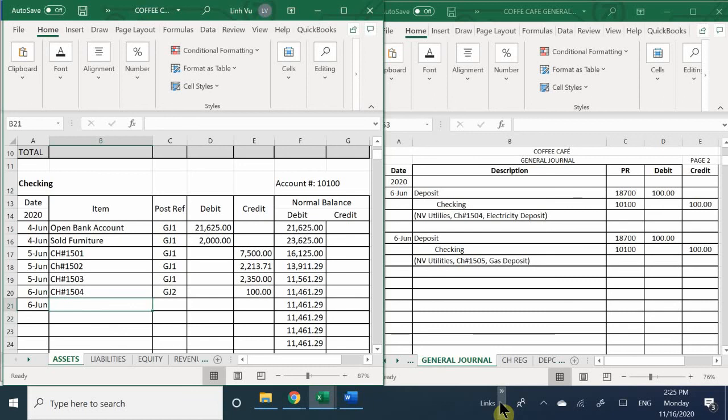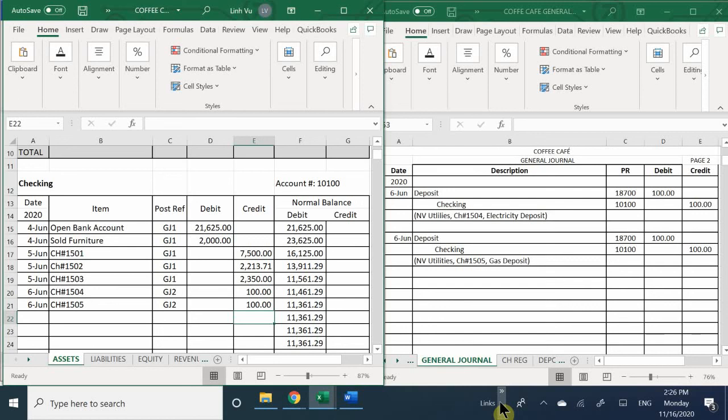This time check number 1505, general journal number 2, and I'm going to also do another $100 credit, bringing down my account to be 11,361.29 exactly. Okay.